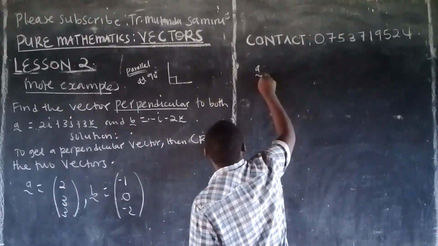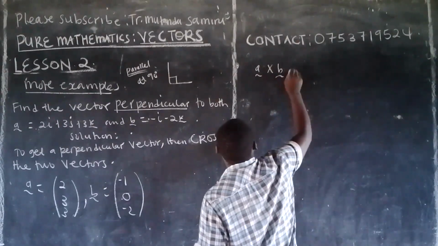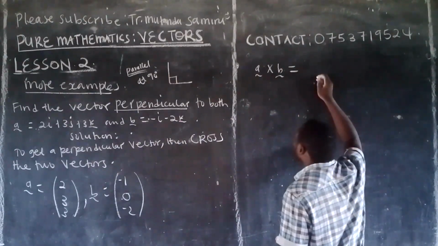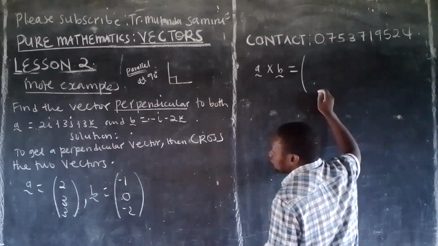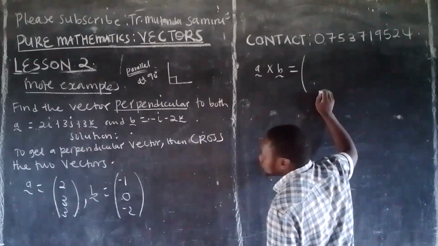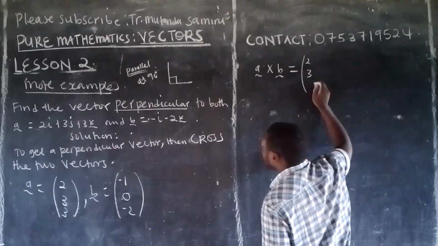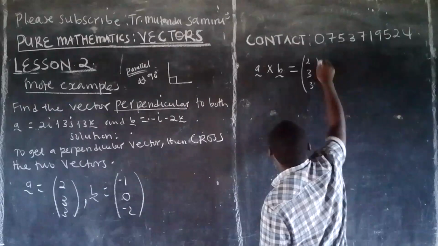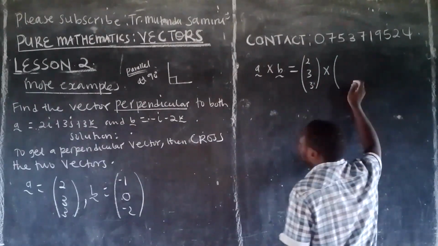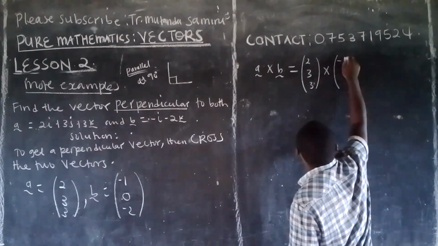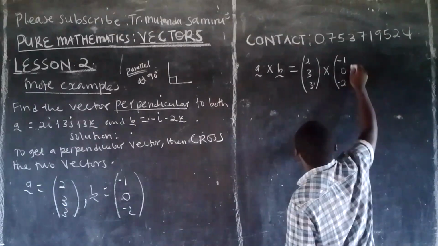So we shall have vector A cross vector B. They will give us a normal vector or a perpendicular vector. Normal, perpendicular, they are the same. So this will be 2, 3, 3. Then you shall have -1, 0, -2.